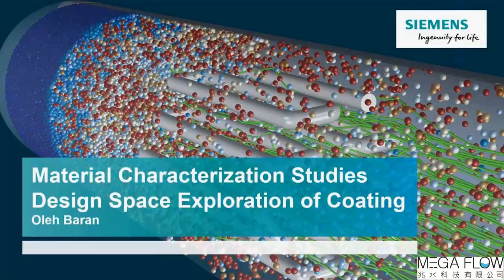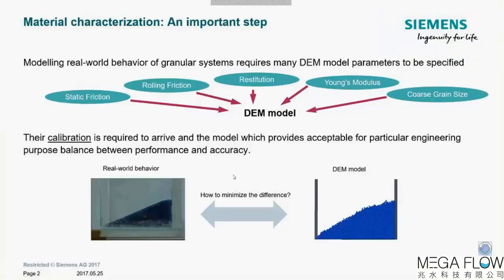And my first topic will be material characterizations, and calibration of DEM. So whenever we are setting a DEM model in CCM Plus or any other software for that matter, we need to specify the information about the particle level properties, the parameters such as static friction, rolling friction, restitution, Young modulus, coarse grain particle size, and the list can be longer depending on what particular particle level physics we activated in our project.